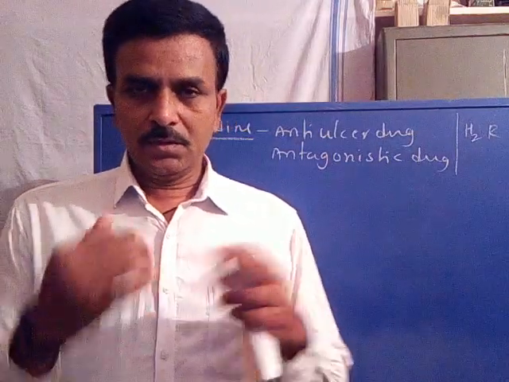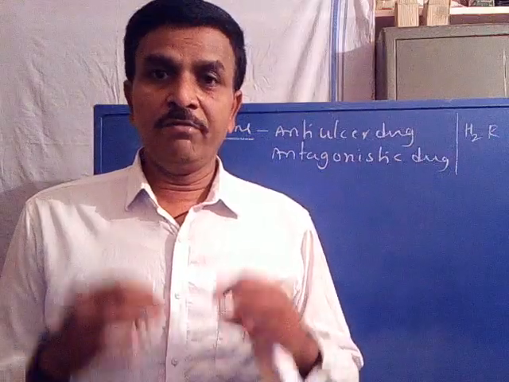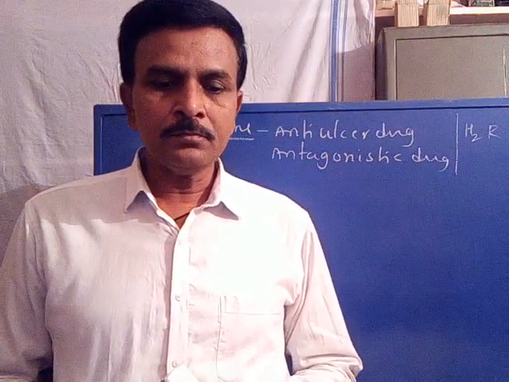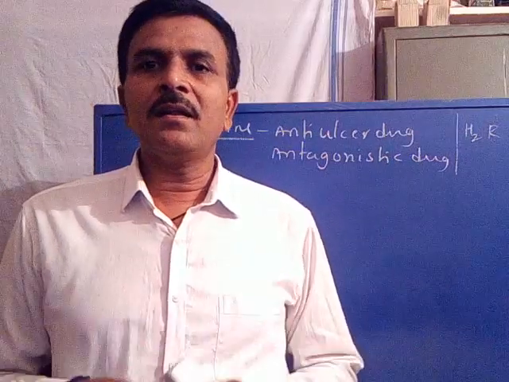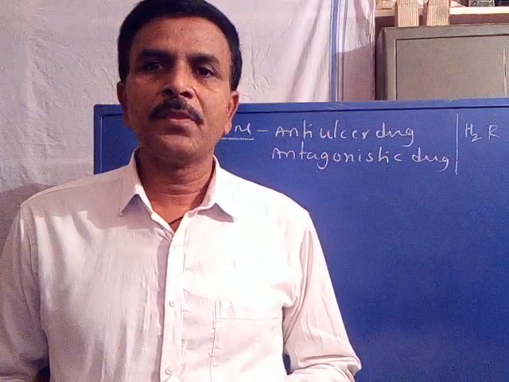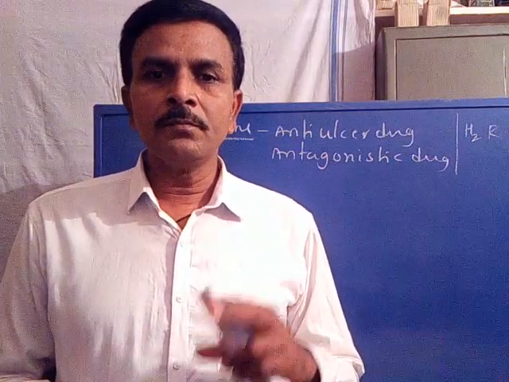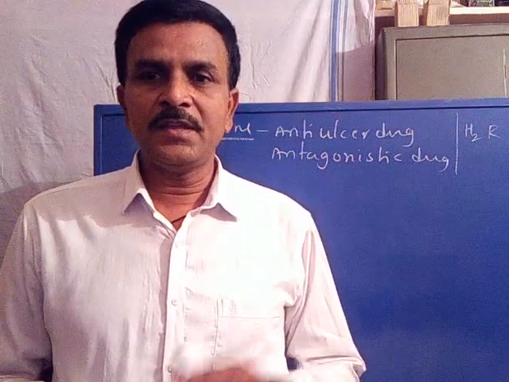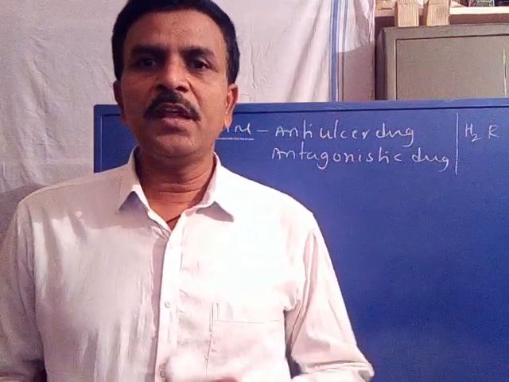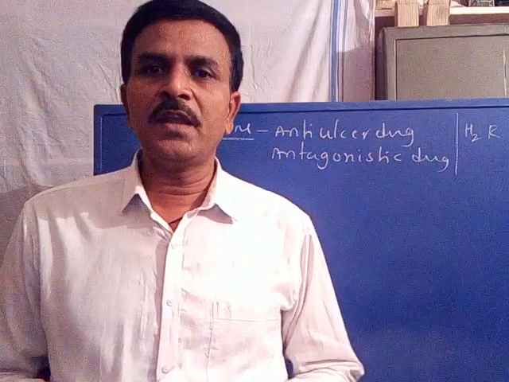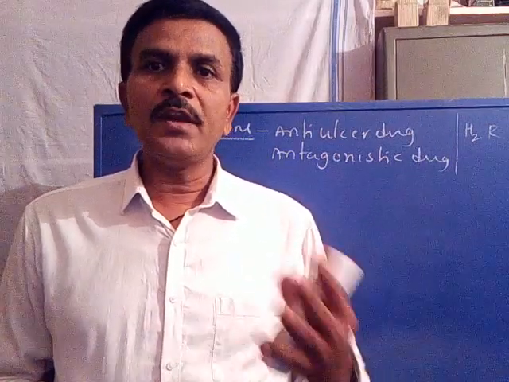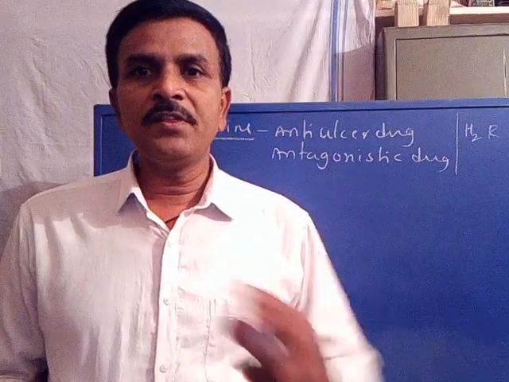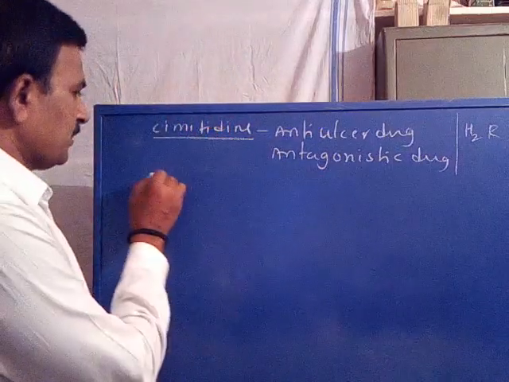Now, coming to the biochemistry of ulcer. Ulcer is a disorder of the digestive system where there is damage of the epithelial layer due to the excessive secretion of hydrochloric acid, which in turn is due to more interaction of histamine with the histamine 2 receptor.